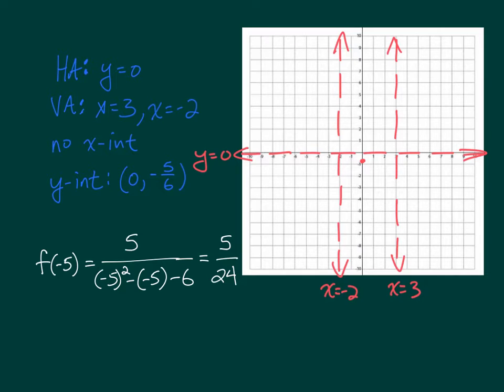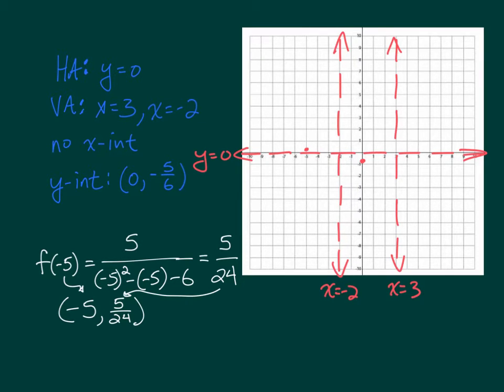What that tells us is if we input negative 5, we got back a y value of 5/24 as our output. So we have an ordered pair. That ordered pair tells us to go left 5, up a little bit, right? Since the y coordinate was a positive number, we're going to go up a little bit, about right there.